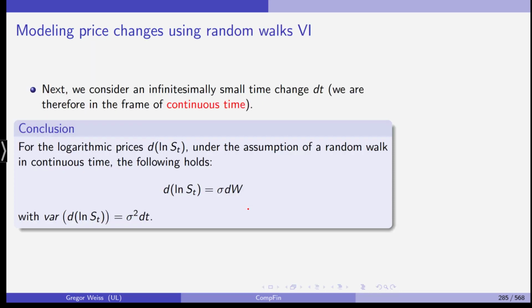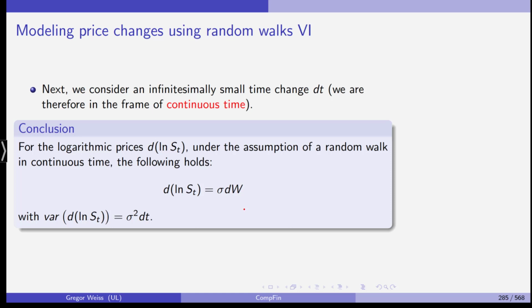Now next, we consider an infinitesimally small time change, dt. So again, we are in continuous time. And we have the log prices, d ln St. And we assume under a random walk that we get the following.